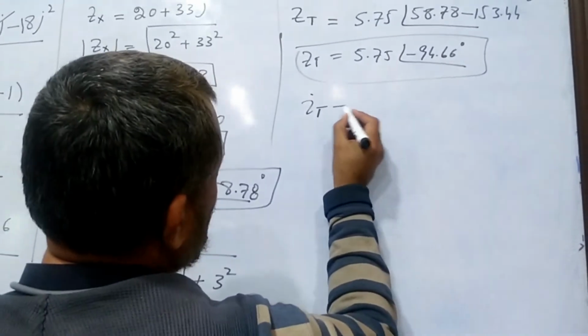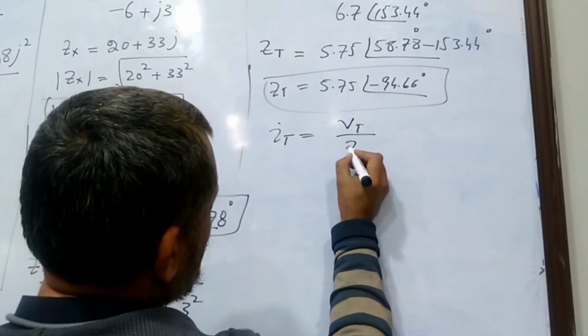Look at over here: I total is V total divided by Z total.